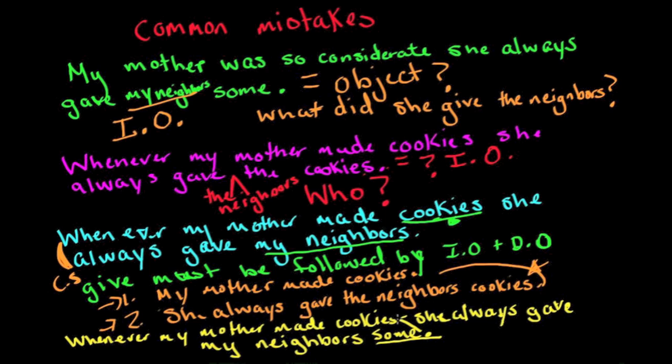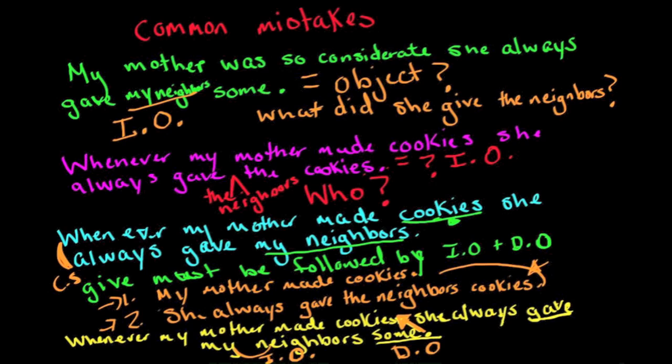Some refers back to cookies because after give, we need the indirect object, which is here, my neighbors, receiving the cookies, receiving the benefit of the verb, and we need the direct object. In this case, it's our pronoun because it's referring back to cookies, which we stated earlier in the sentence.